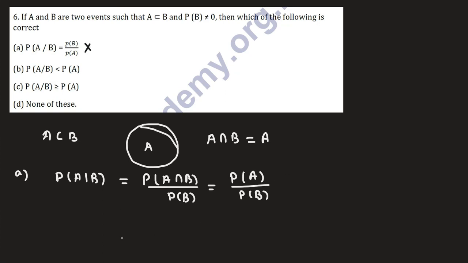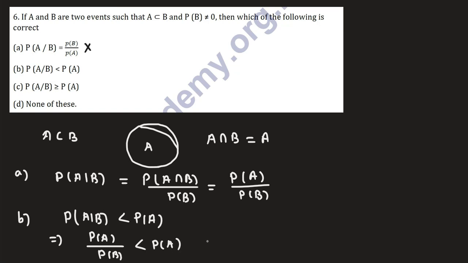Now coming to option B, probability of A given B is lesser than probability of A. But we know that A given B is nothing but probability of A by probability of B, which is lesser than probability of A. By cancelling probability of A on both sides, we have 1 lesser than probability of B. So probability of B will be greater than 1, which is impossible. An event cannot have a probability more than 1.